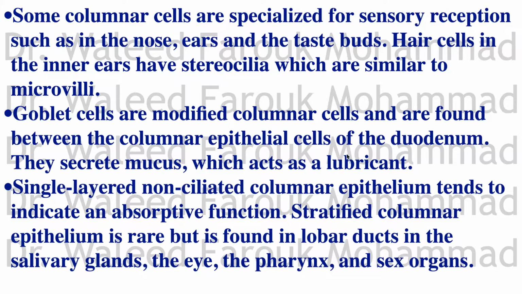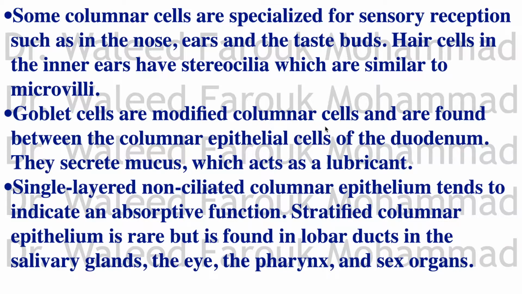Some columnar cells are specialized sensory cells, like those in the nose and the ears and the taste buds. In the ears, they are called hair cells in the inner ear, and they have stereocilia that are similar to microvilli. Goblet cells, if present, are found between the columnar epithelial cells of the duodenum, for example, and they secrete mucus.